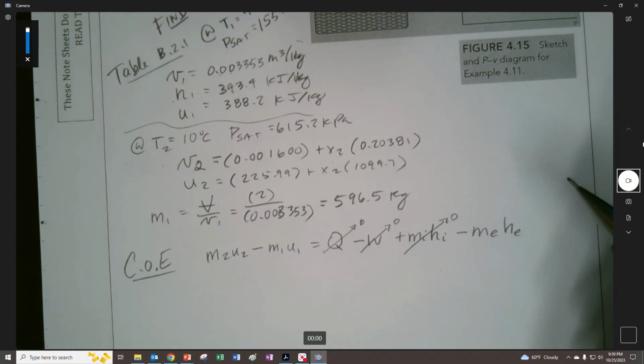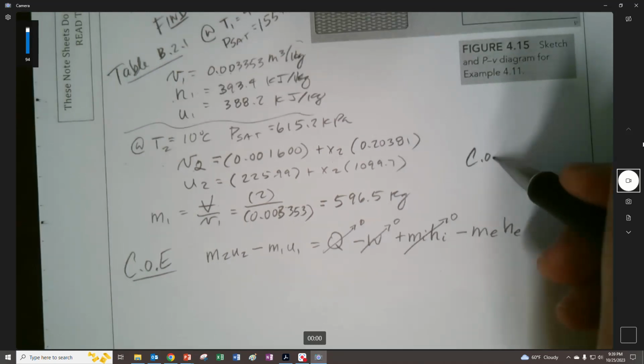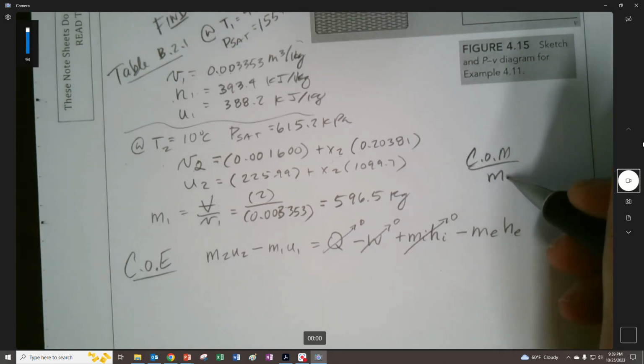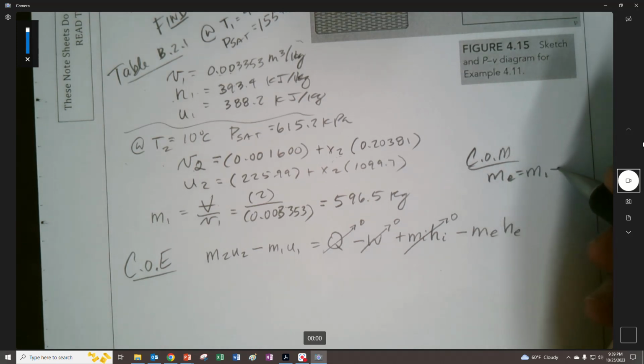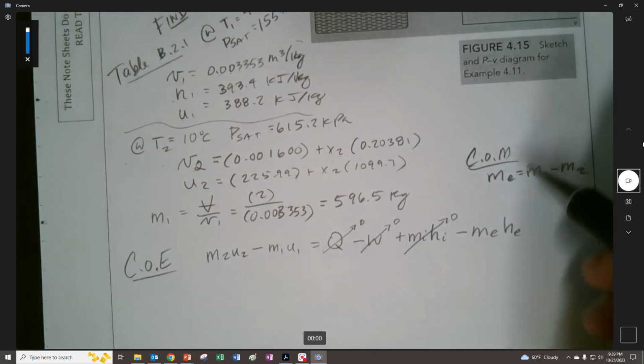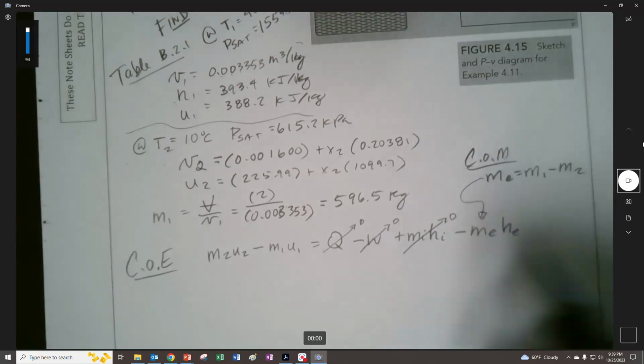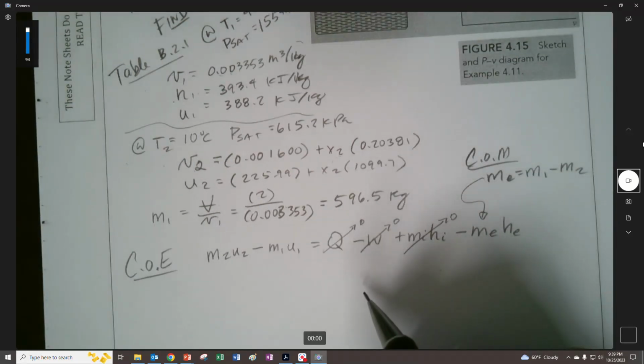Except the conservation of mass, we have M exiting is going to be equal to M1 minus M2. Right, so we can plug them right there. Conservation of mass, conservation of energy, used in conjunction.